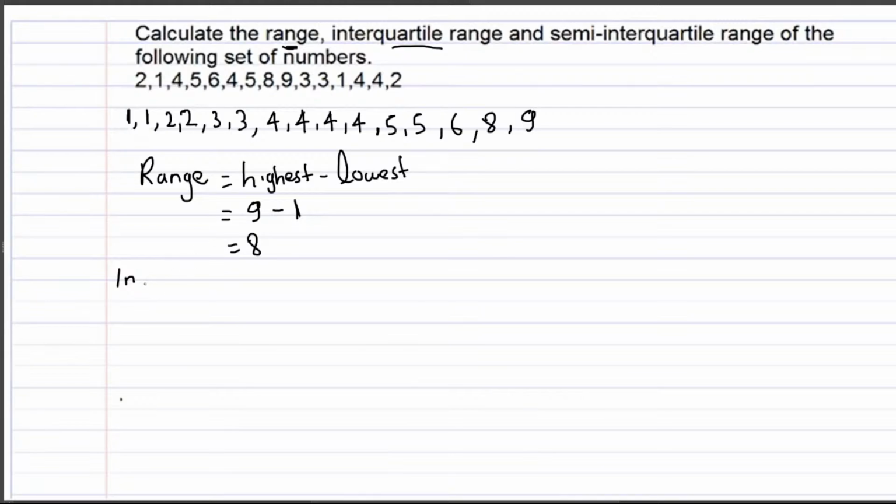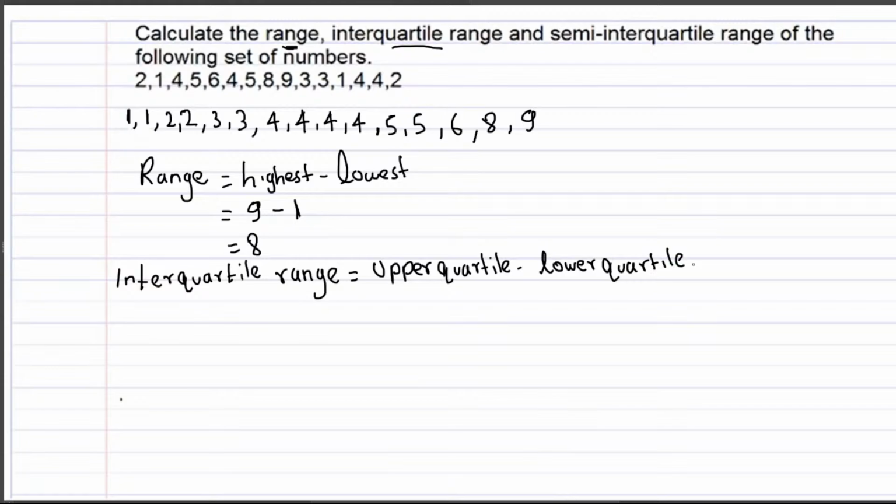First I'm going to write the equation: interquartile range equals upper quartile minus lower quartile. Let's call the upper quartile Q3 and the lower quartile Q1.